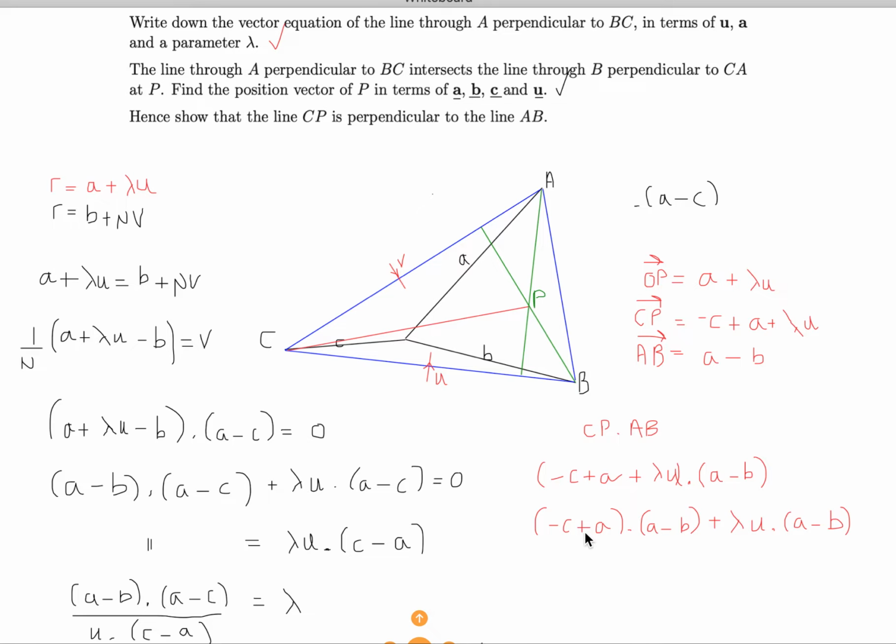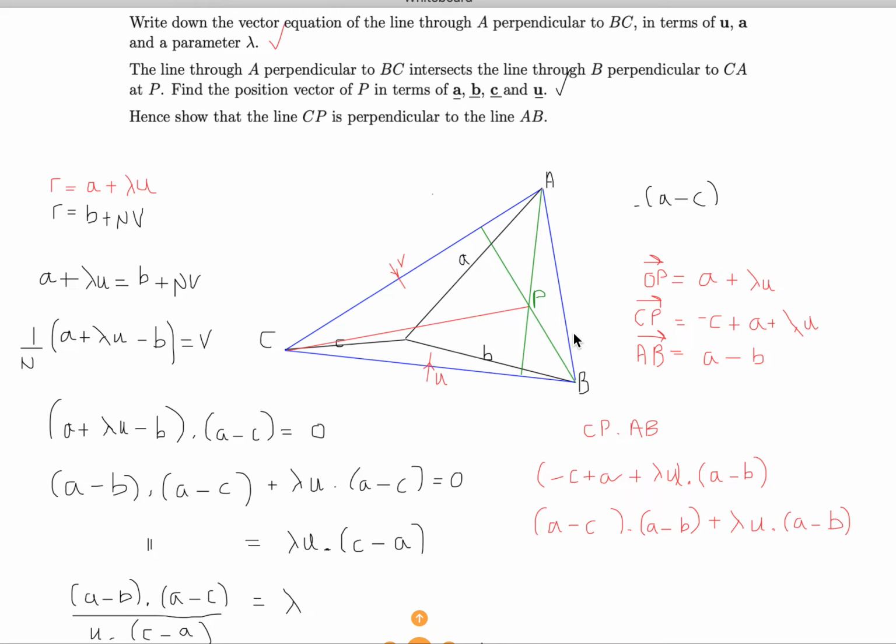I'm just going to write this minus C plus A as A minus C. So A minus C is this vector, A minus B is this vector, so there's no immediate answer there. U dotted with A minus B, which is this vector, and once again, there's nothing there.